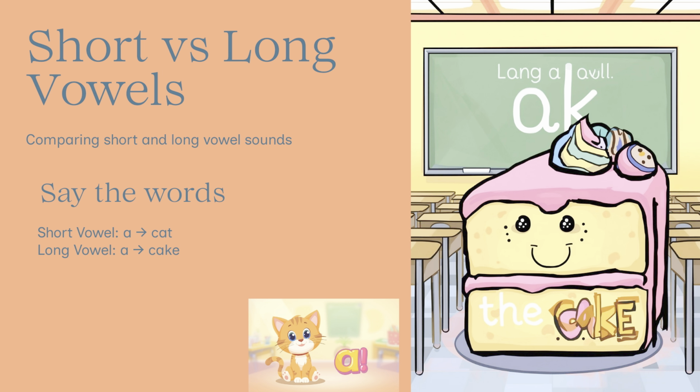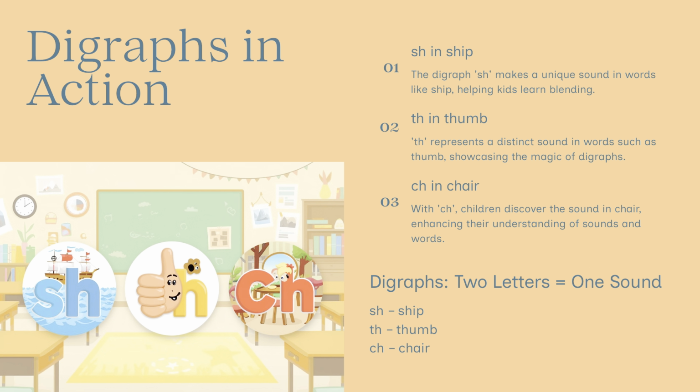So short versus long vowels: you want to know that the short vowels are not stressed, but the long vowels are. So in the word cat, the A there is just short, cat. But in the word cake, the A is long, so say A, cake. You get it. Moving on to the next slide.